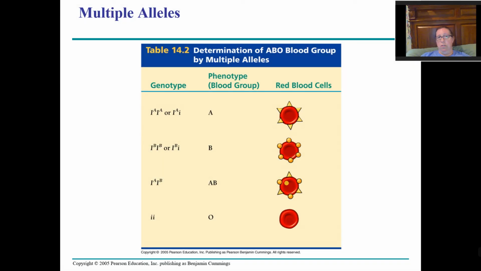All right, so we get into sometimes you have multiple alleles. So what is a multiple allele? Well, blood type is probably the easiest, most concrete example of multiple alleles. And you say, well, I don't understand that. How can that be? Well, as you can see, you can be blood type A, you can be blood type B, you can be blood type AB, or you can be O, which is actually recessive.